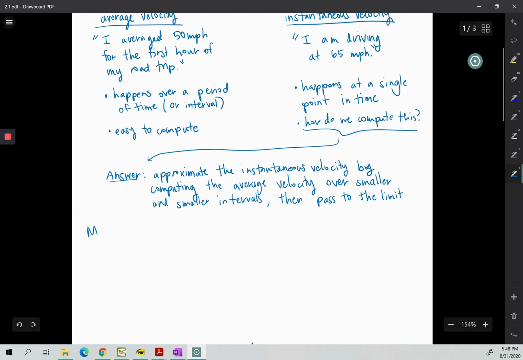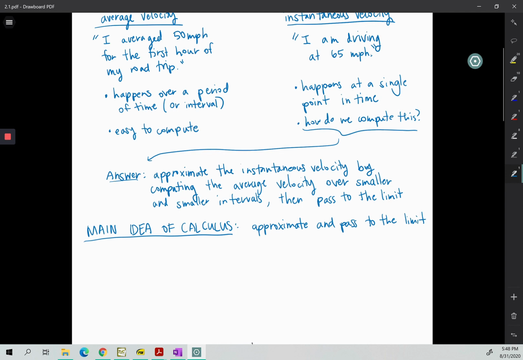So the idea is that we approximate something and then pass to the limit. And by passing to the limit, we get an exact answer or the exact solution that we're looking for.